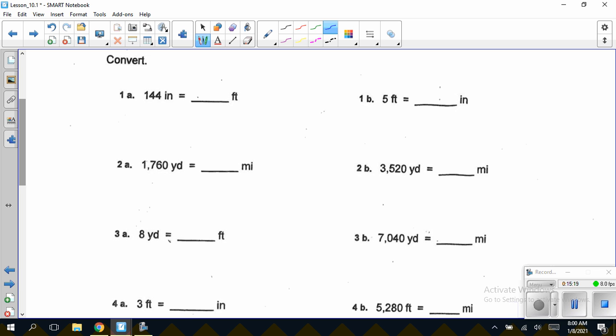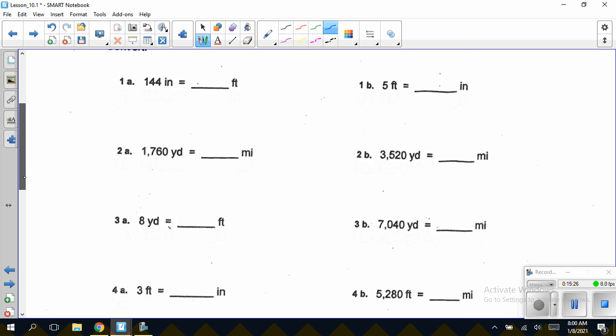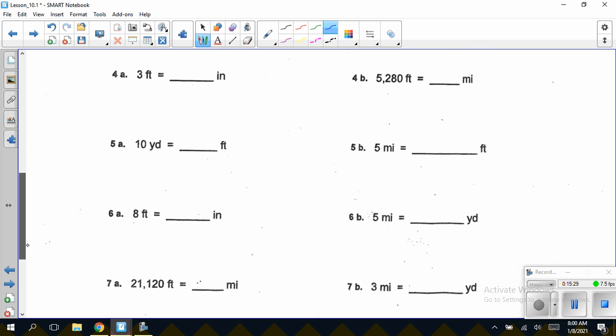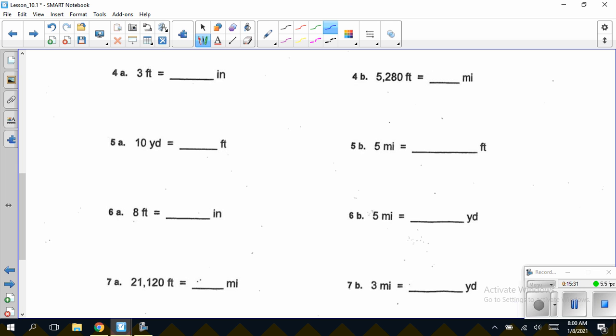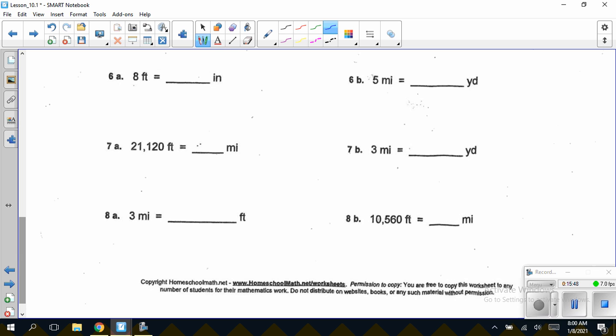For 3A, 8 yards into feet, and B is 7,040 yards into miles. 4A is 3 feet into inches. 4B is 5,280 feet into miles. 5A would be 10 yards going into feet. 5B, 5 miles moving into feet, and so forth. So those are some easy conversions that you can work on for your own practice.